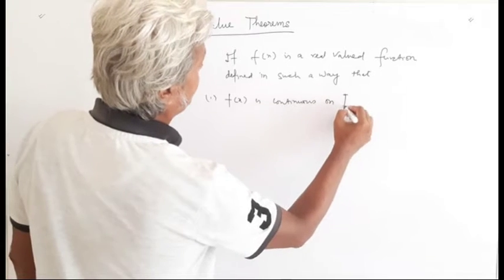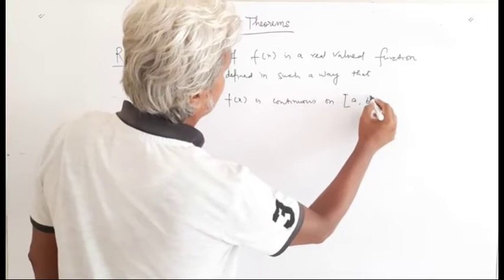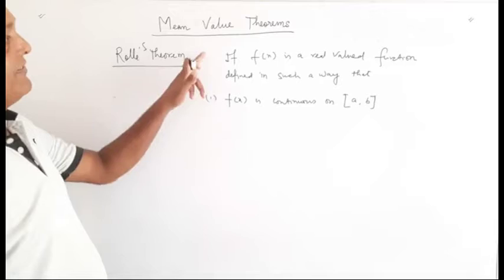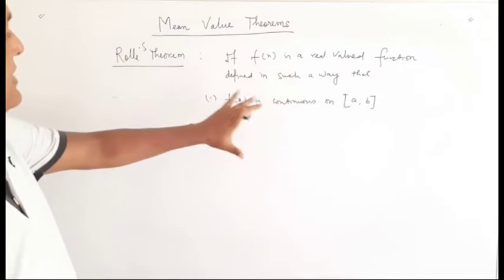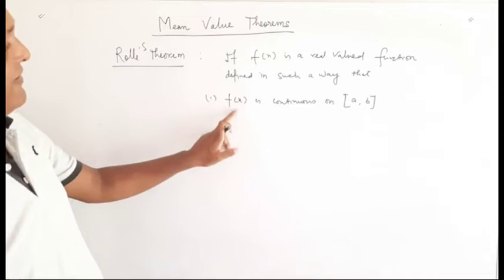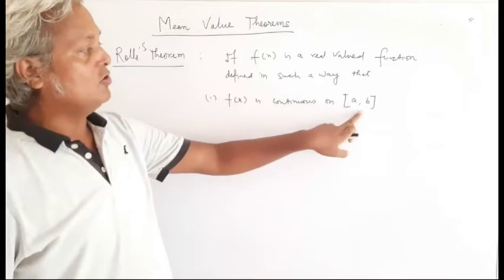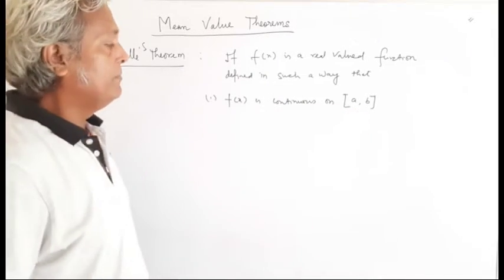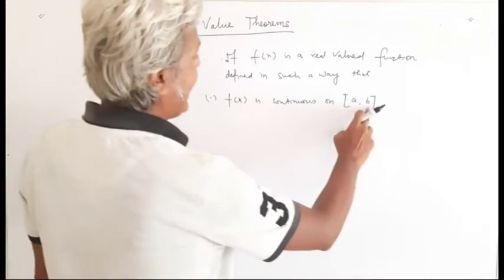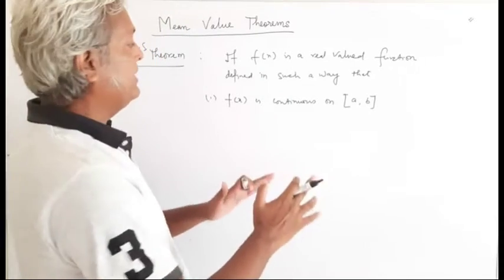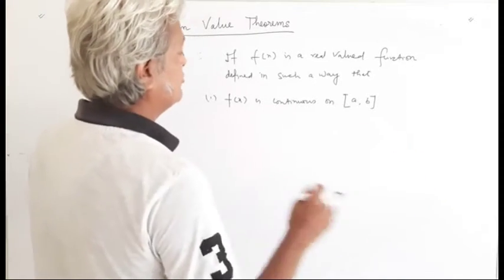on the closed interval [a, b]. It means the function f(x) has been defined in such a way that it is continuous on the closed interval [a, b], at a, at b, and within a and b the function should be continuous.